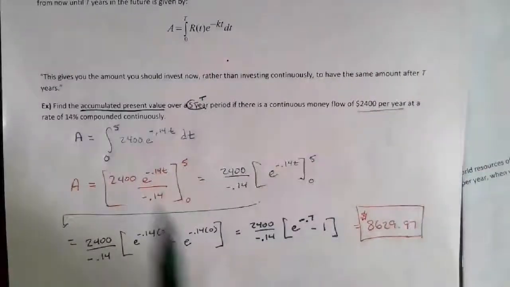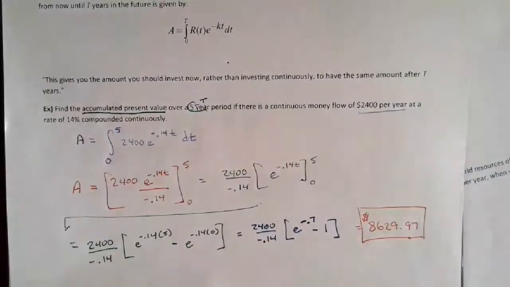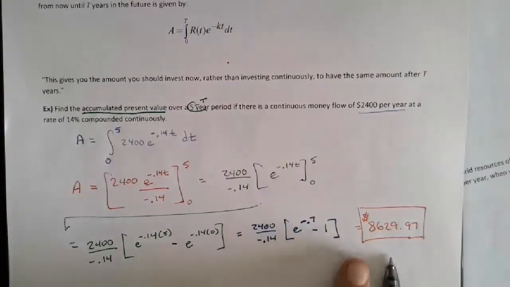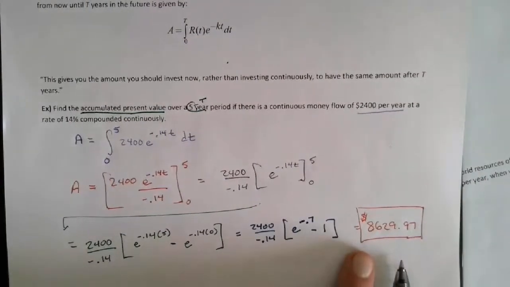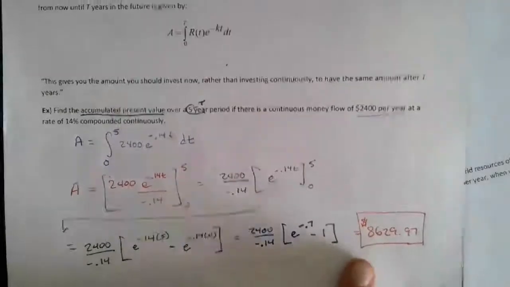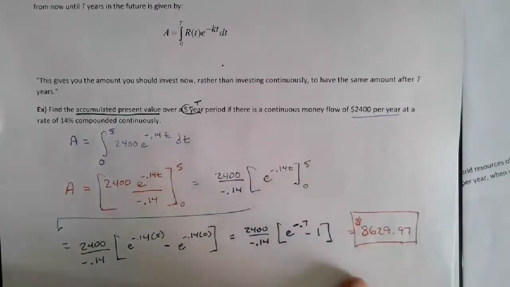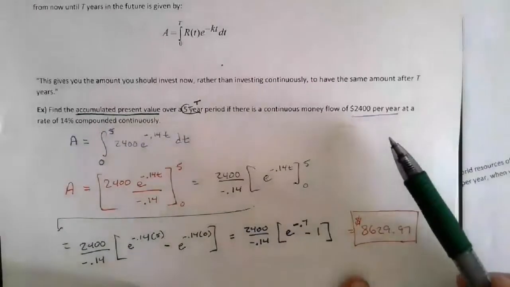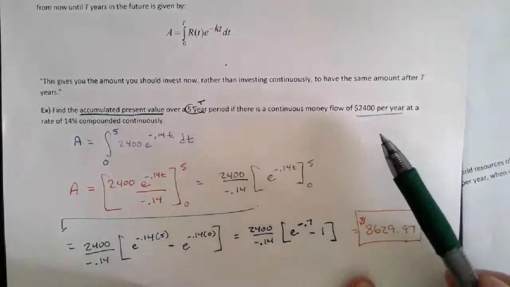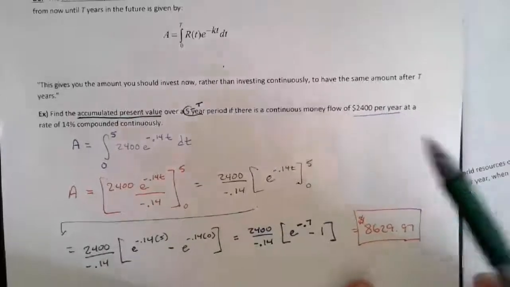But the point being is that this is what we were finding when you found the accumulated present value. You were finding the value that would make these equal to one another. So when I say make these equal to one another, what I'm really saying is if I invested $8,629.97 once, that's the equivalent of investing $2,400 every year for 5 years.